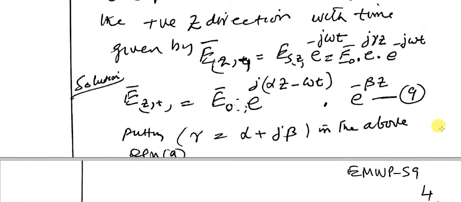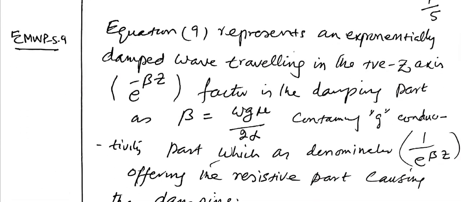So on the next page, equation 9 represents an exponentially damped wave traveling in the positive z axis inside a conducting medium, where the e to the power minus beta z factor is called the damping part or damping factor, as beta is omega g mu by 2 alpha, containing g, which is the conductivity part.